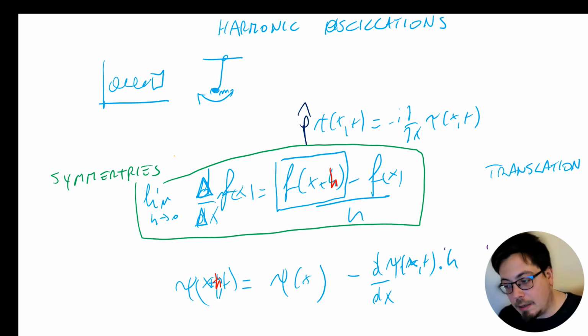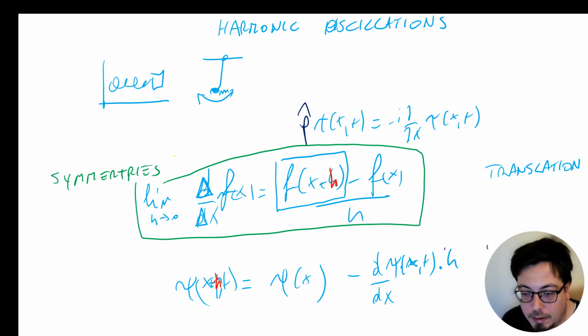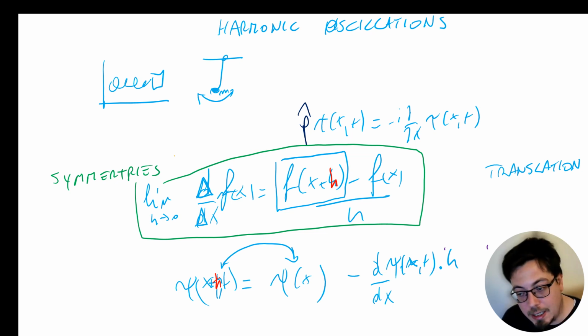It means that we can carry on. It means two things. We have an expression that tells us how to move from psi of x to the translated version, and as you can see, the derivative appears naturally. But this is not enough, or it could be enough, but we want to do a bit more.